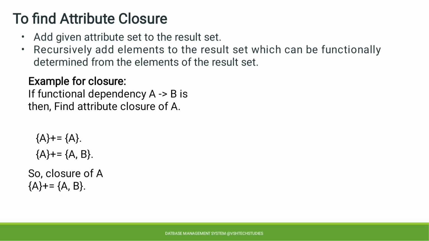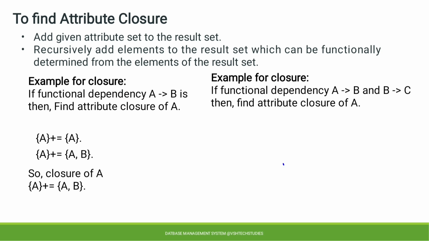Let us see another example. In this example, the functional dependencies are A determines B and B determines C, and we find the attribute closure of A. The solution is, according to step 1, the given attribute is added to the result set. Because we have to find the attribute closure of A, that is the given attribute or attribute set that is added to the result set.